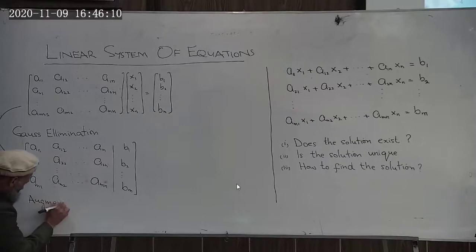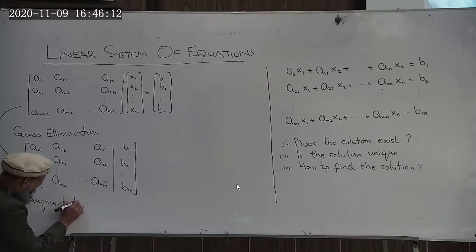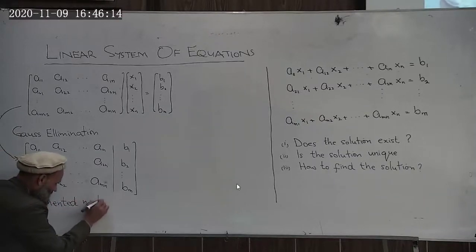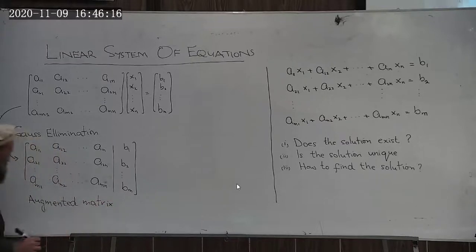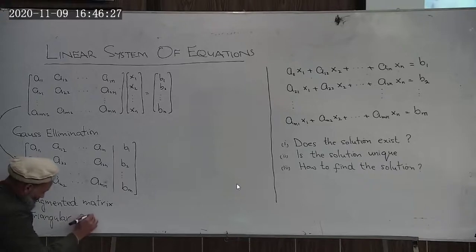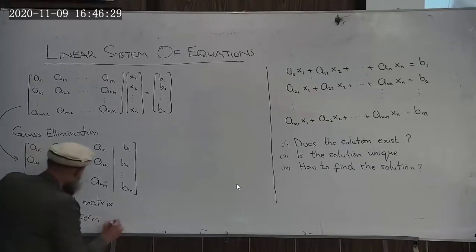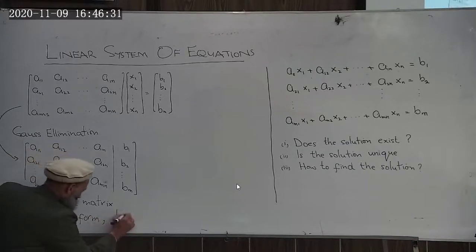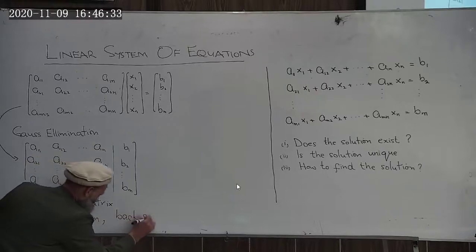We have talked about how to construct this augmented matrix, and then we reduce this augmented matrix into triangular form. How to reduce it into triangular form, we shall talk about it, and then we perform back substitution.